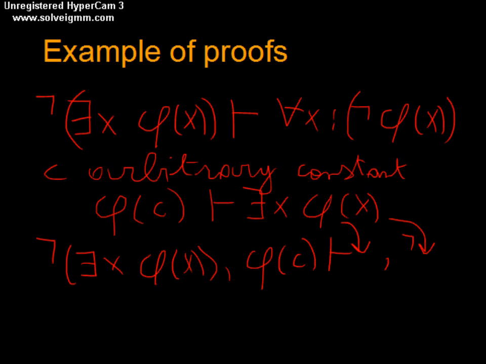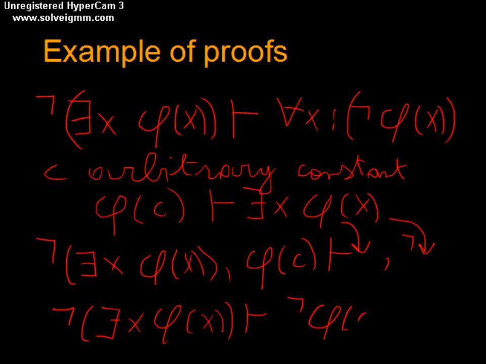So this means that not phi C must be true. So from this formula you can always infer not phi C. But C was arbitrary. So this means that we can infer this for all possible x. And this concludes the proof.